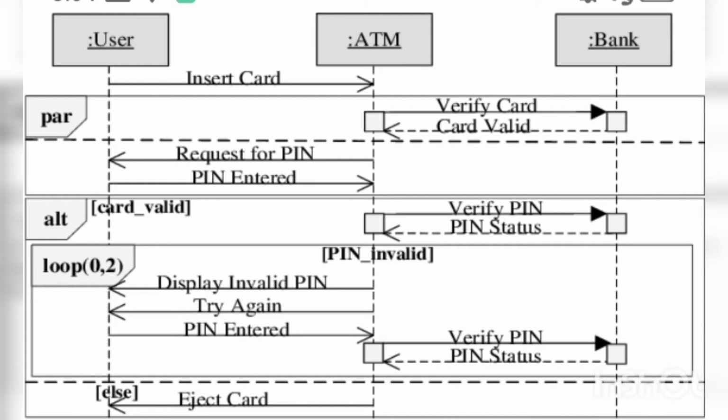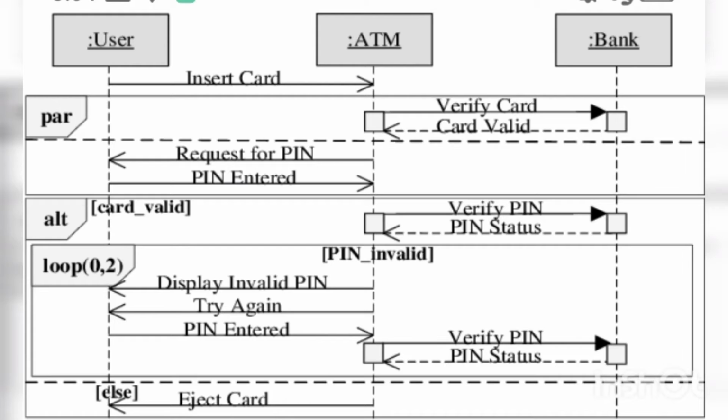You can see that activation boxes are given only to the internal objects. Since user is an external object, it doesn't have any activation boxes in its lifeline. Next we have arrow marks, where the functions that are occurring, the interactions between the objects, are represented above those arrow points.